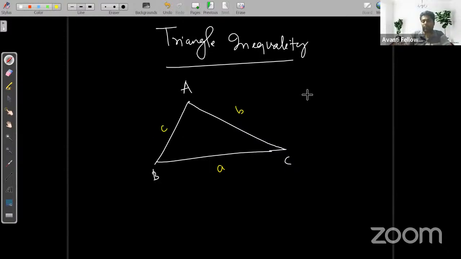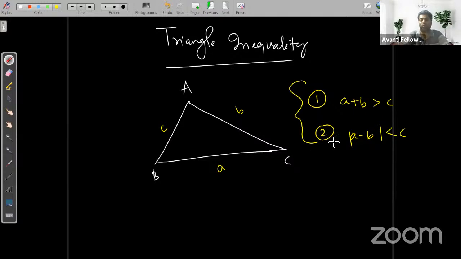From the triangle law, we know that the sum of two sides is greater than the third side and the difference of two sides is less than the third side. Yes or no? All of you know these things. So by using these principles, we can develop the triangle inequality in complex numbers also. Let's start.